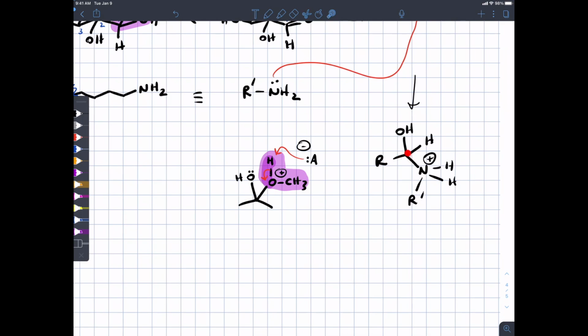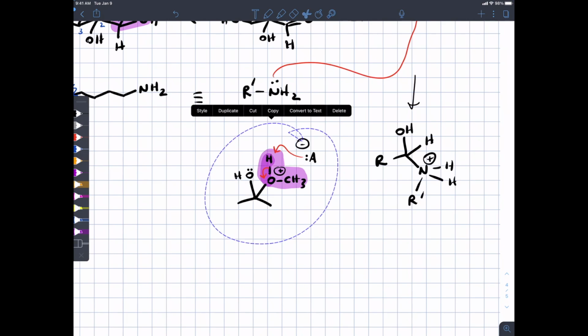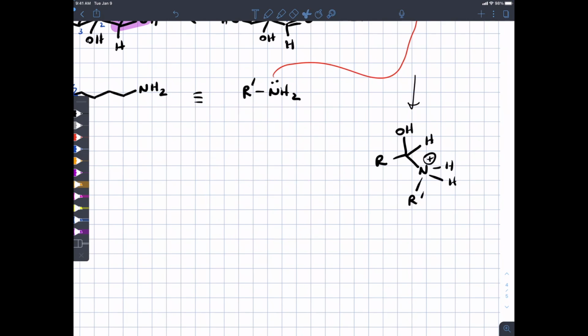Here's the sp3 hybridized carbon. Here's an OH group. The only difference is instead of an alcohol group here, we have an amino group. You see the analogy? We're just using a different nucleophile, but the same chemical steps. All right. I think I'm going to get rid of that to avoid confusion.